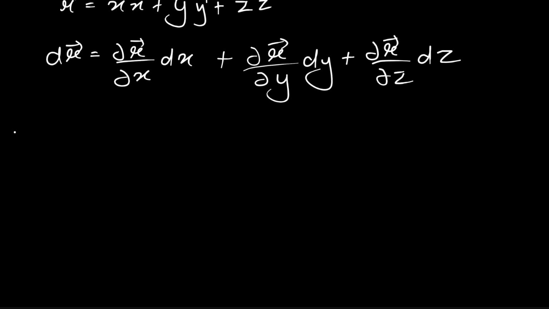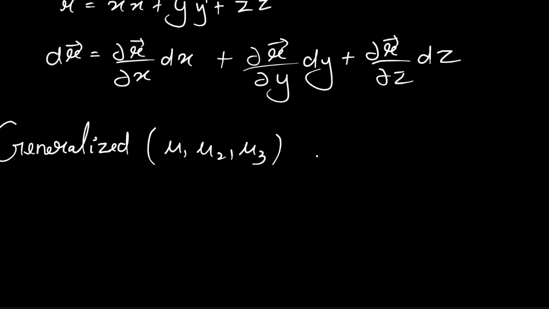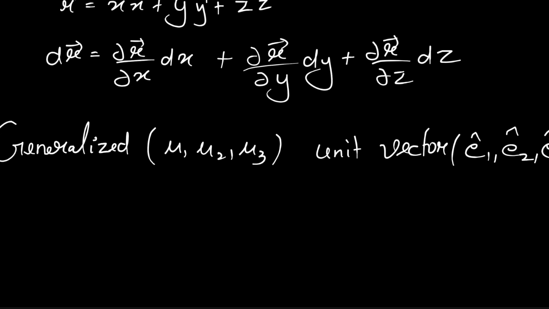Because we are going to discuss polar and other coordinates also, let me take u1, u2 and u3, and unit vectors e1, e2, e3. These are the unit vectors in a particular direction, which may be x, y and z cap, and these are the magnitudes in the particular direction.